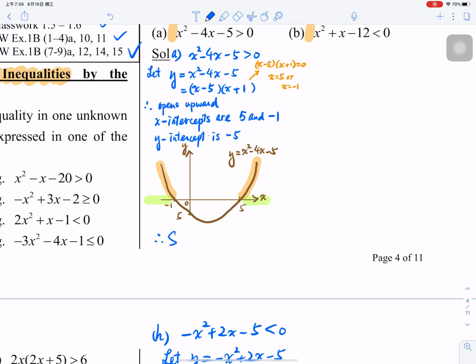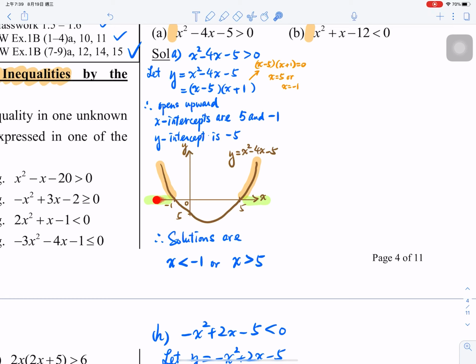So solutions are x smaller than -1. No equal sign here this time, okay? Or x greater than 5. See? x smaller than -1 or x greater than 5.